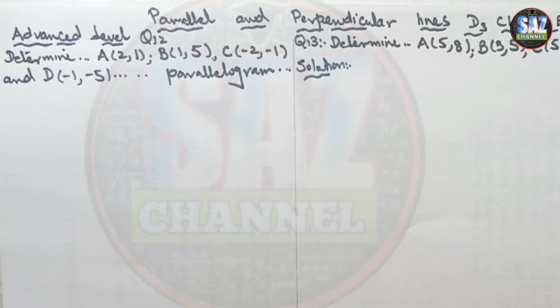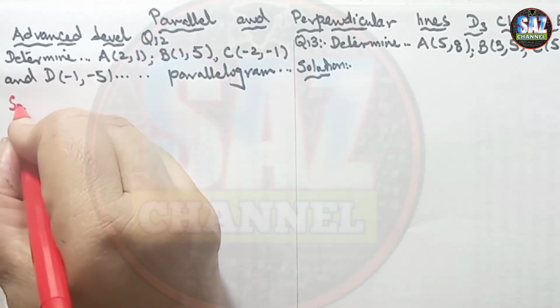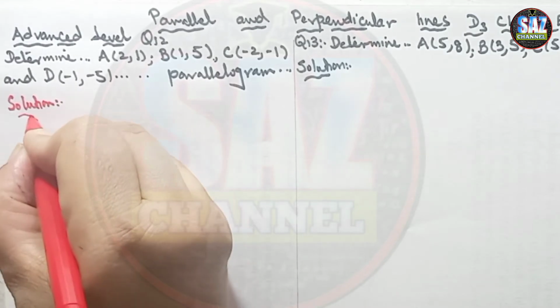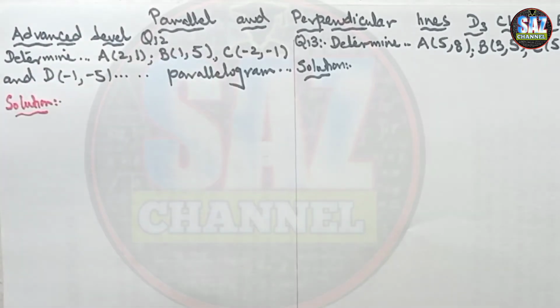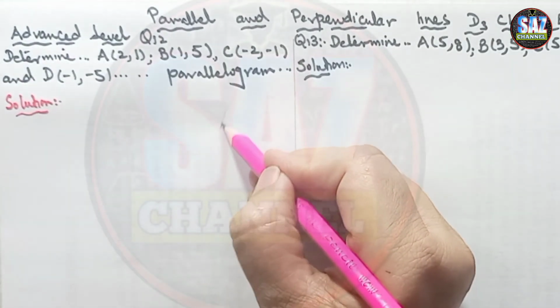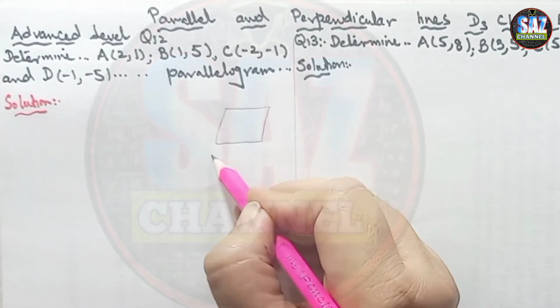Show your working clearly. In this question, we have to show that these points are the vertices of the parallelogram or not. Recall the general property of the parallelogram, that for the parallelogram, the opposite sides are parallel. Let's make a rough sketch to give the clear understanding to my students.